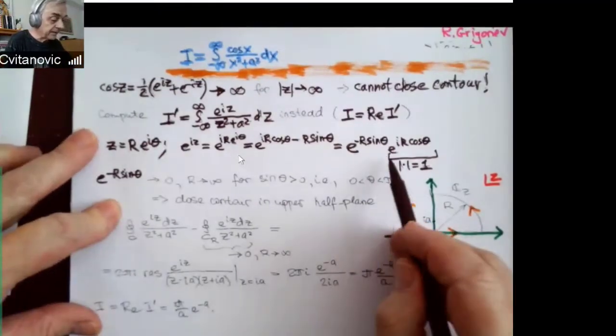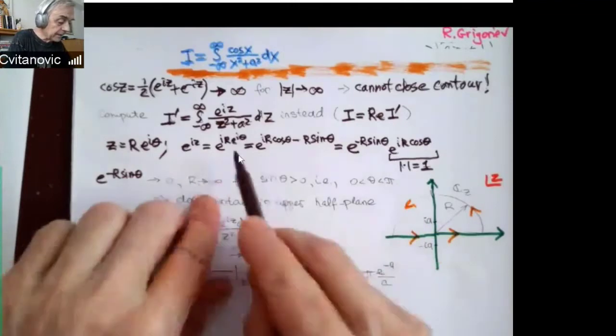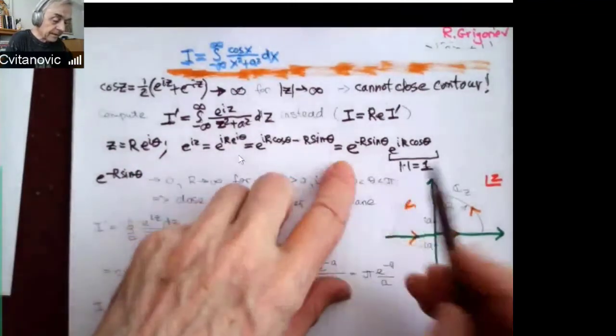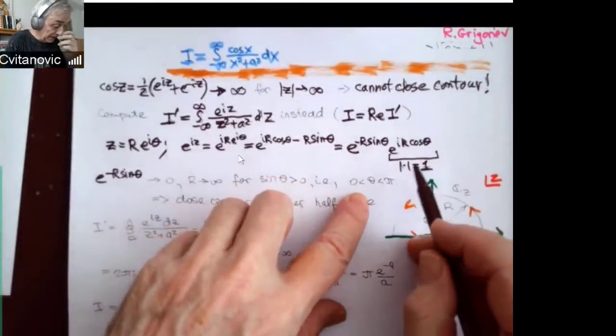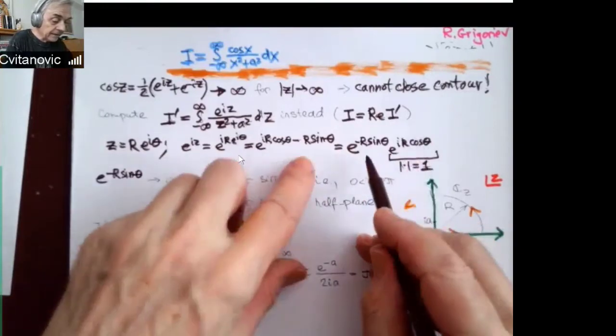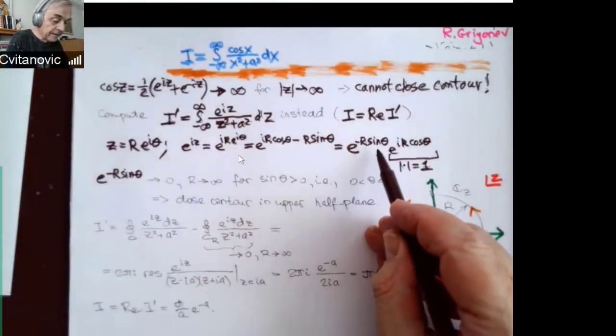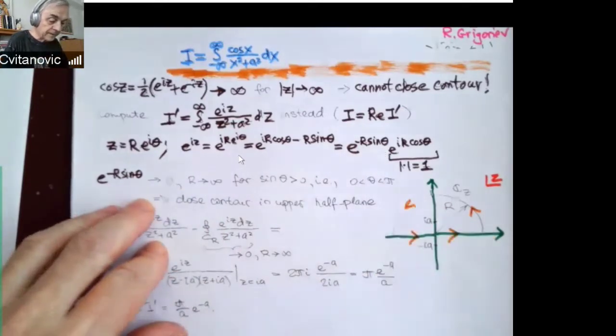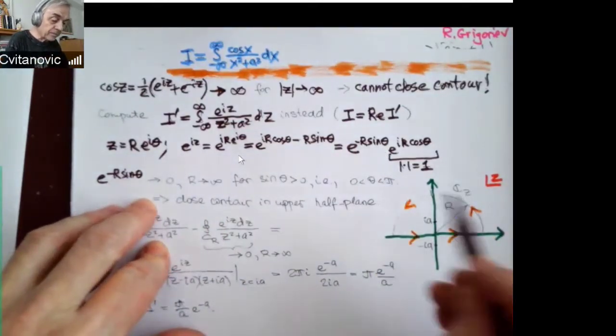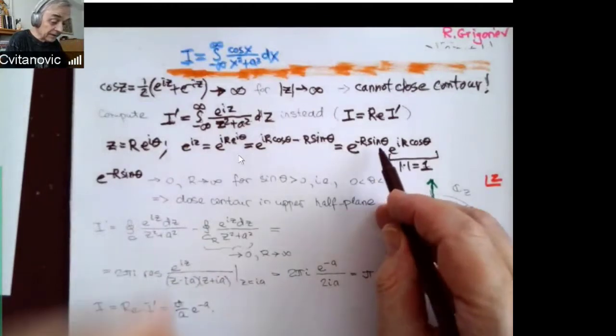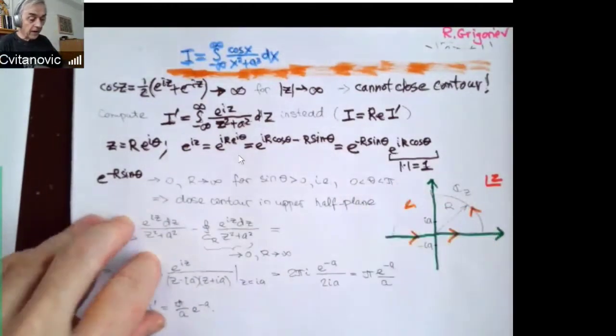We have split the exponent here into an oscillating part and a prefactor, which, since sine goes from 0 to pi, means the factor in front of r will change.